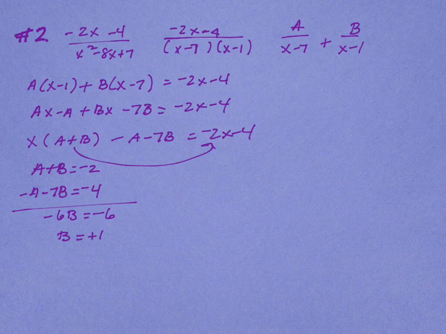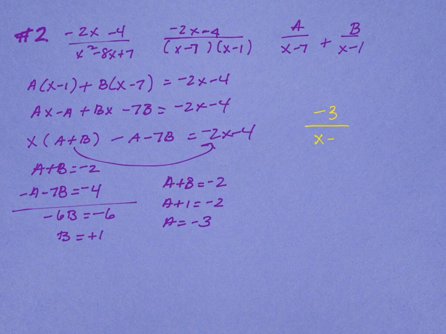So b is positive 1, and then we had a plus b equals negative 2, so a plus 1 equals negative 2, so a is negative 3. So our function becomes negative 3 over x minus 7 plus 1 over x minus 1.